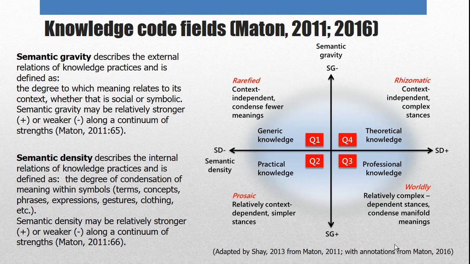Sue Ellen Shea adapted that in a paper in 2013 where she looked at theoretical knowledge and practical knowledge. These are the two opposite poles. Here, context-independent, complex systems, conceptually very dense. Here, context-dependent, situated knowledge, very often procedural and practical in nature.